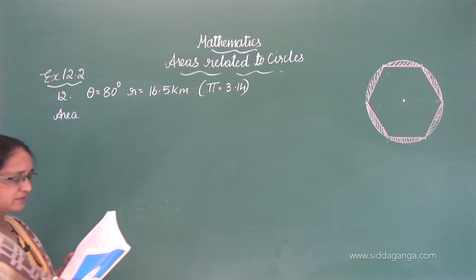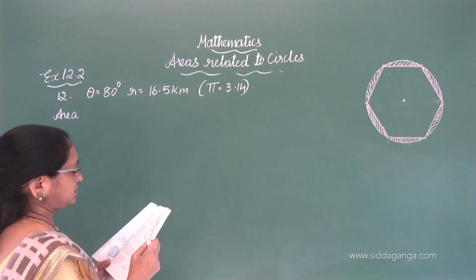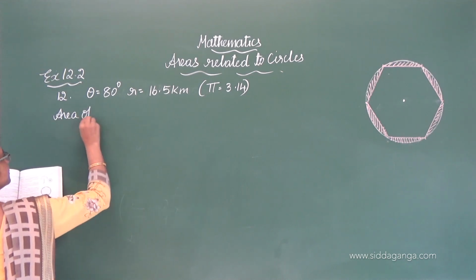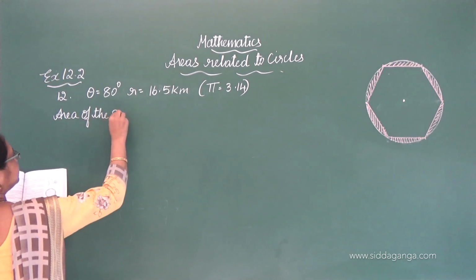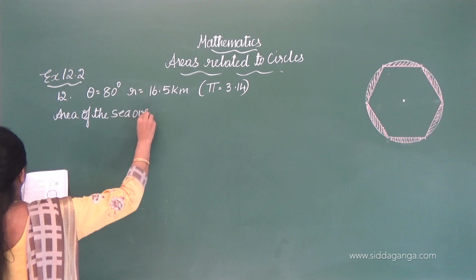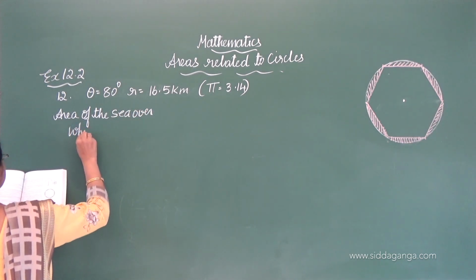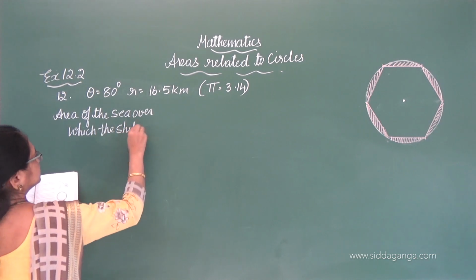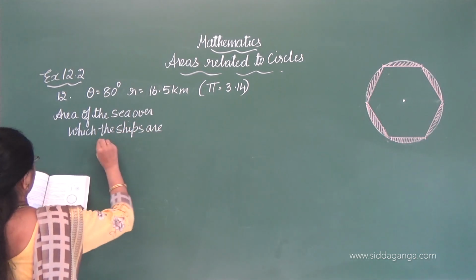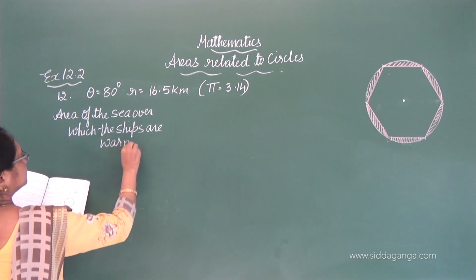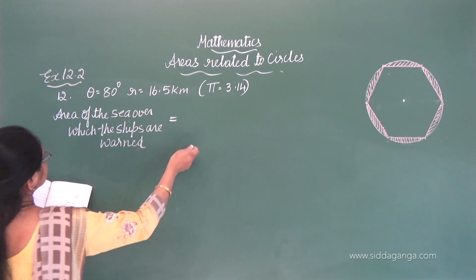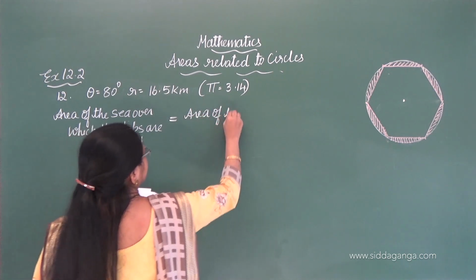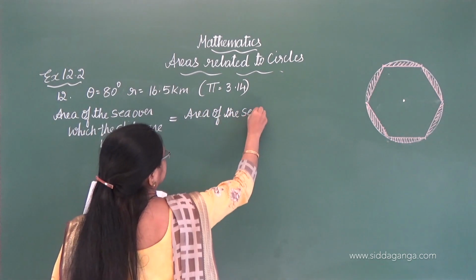So what is the question they have asked? The same thing we can keep here: the area of the sea over which the ships are warned is equal to area of the sector.